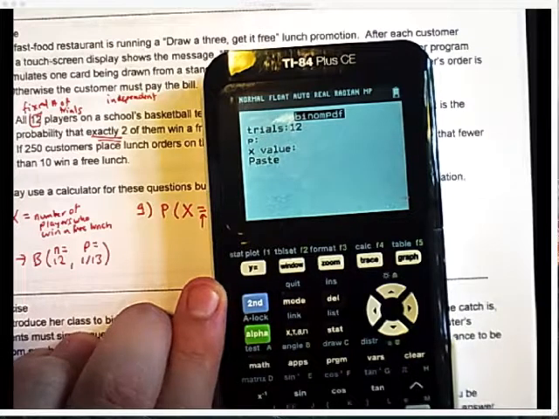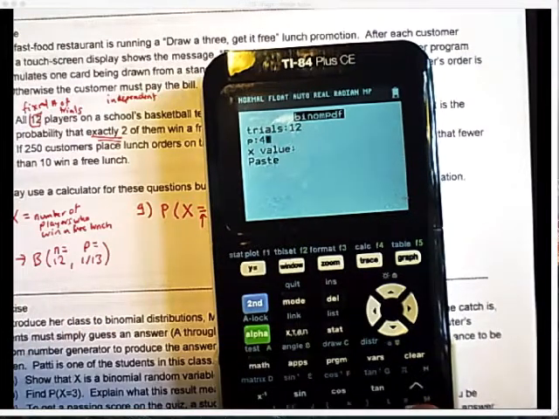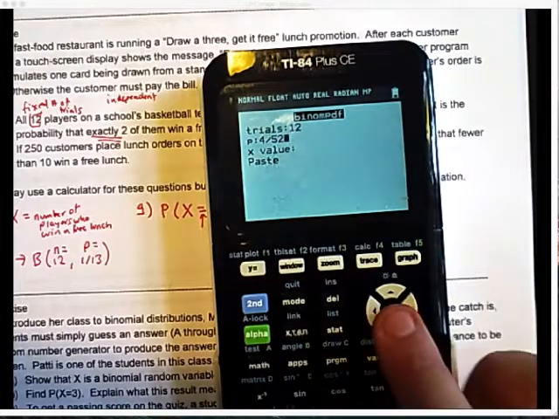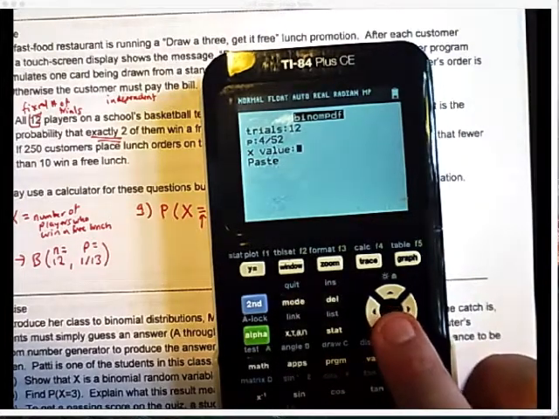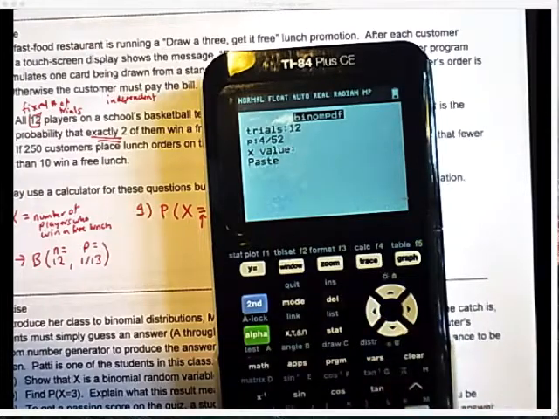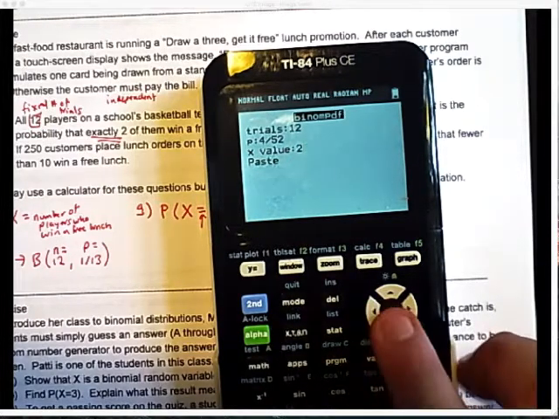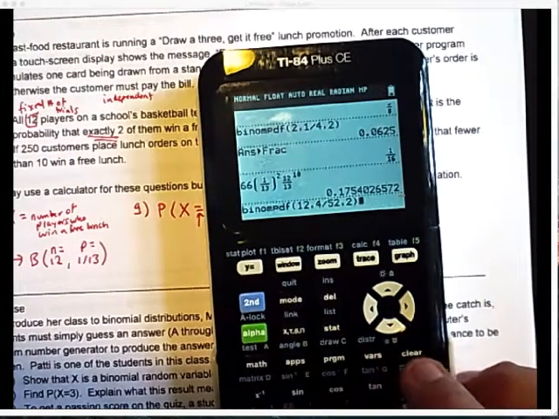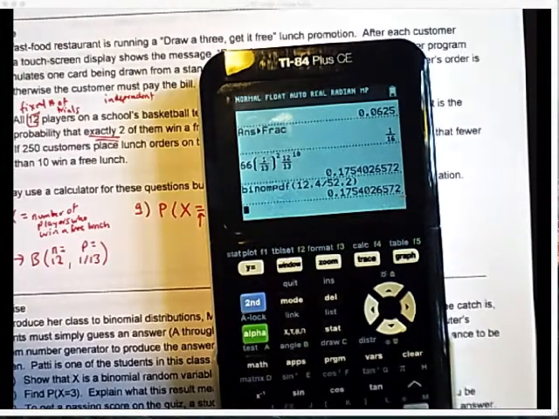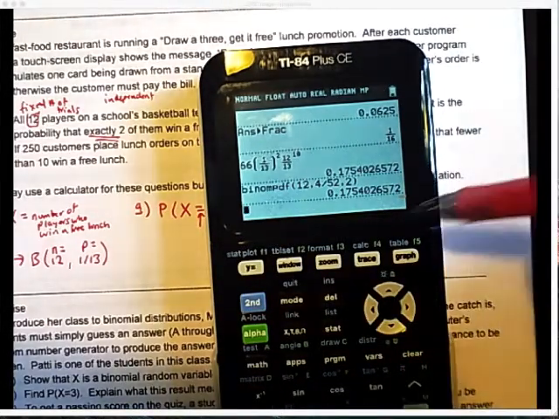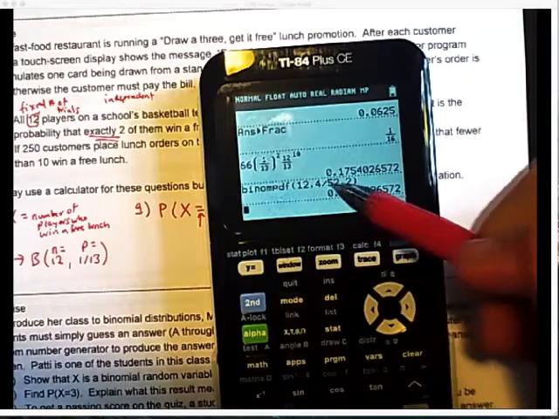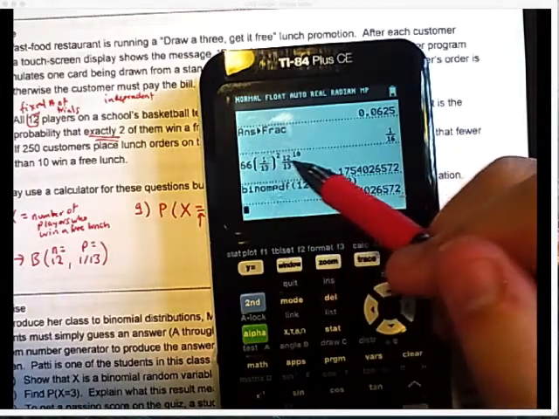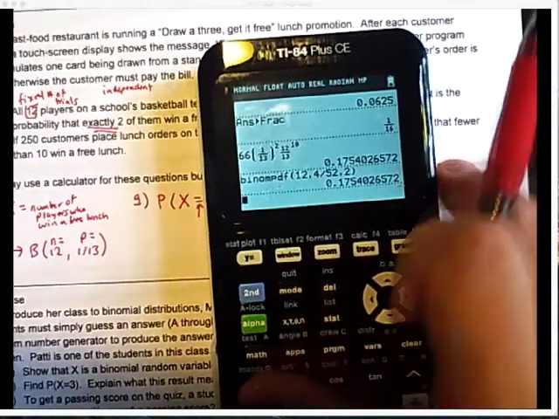The probability that any one of them wins is 4 out of 52, so I can put 4 out of 52 or 1/13. All right, the number of successes, exactly 2 win. And I paste, and I hit enter, and what do you notice? It's exactly the same number.